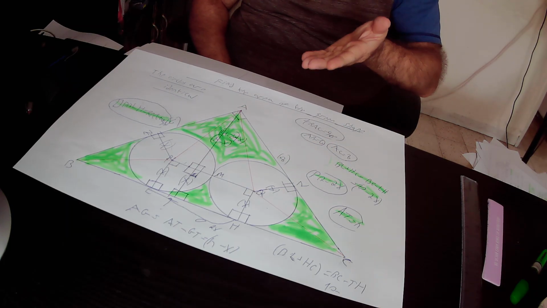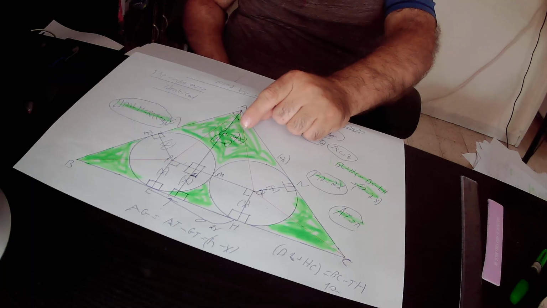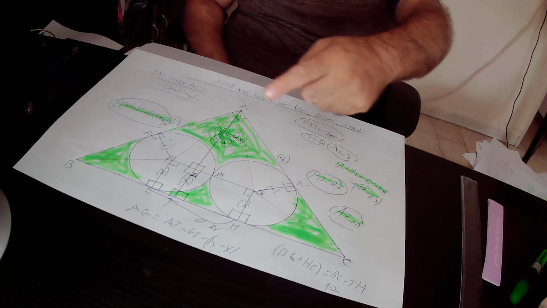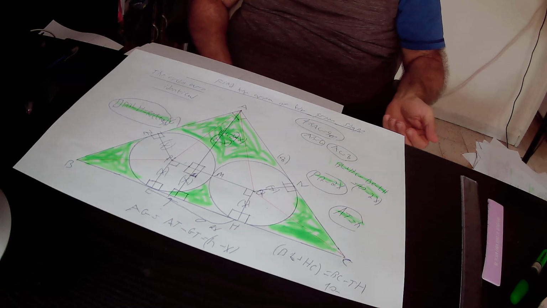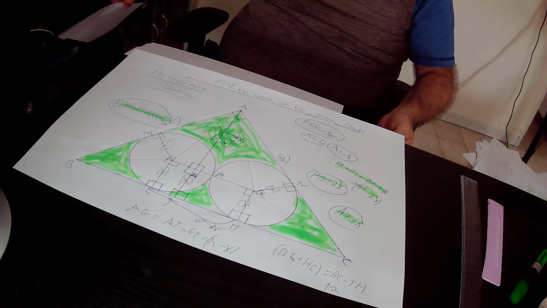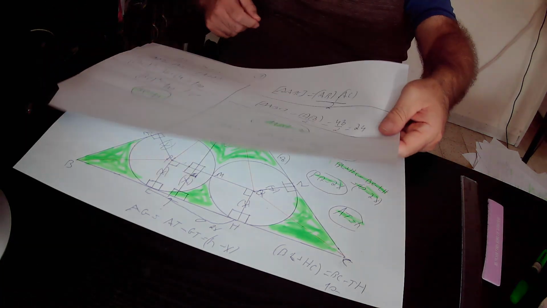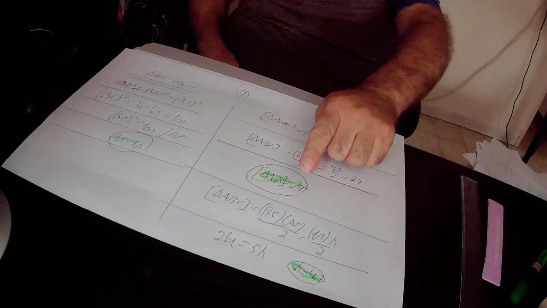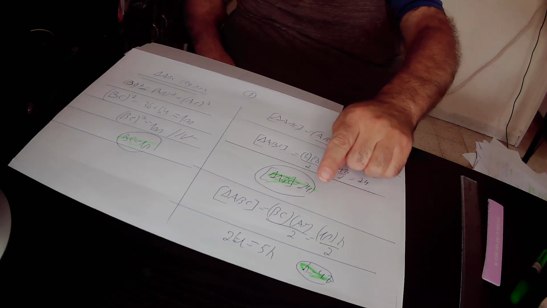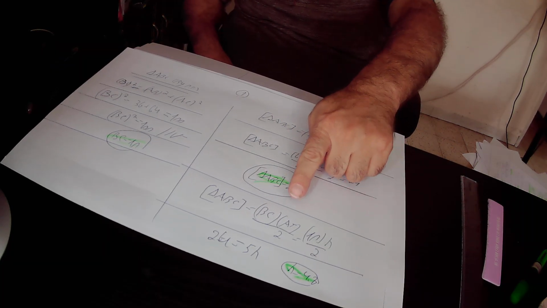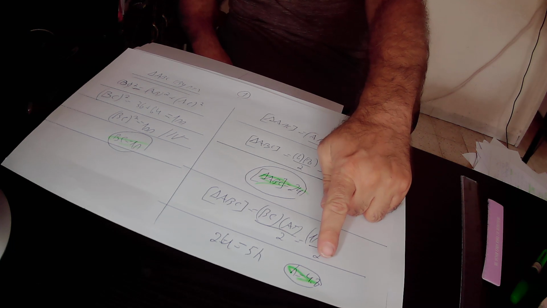But we already found out that the height H to the base BC of triangle ABC equals 4.8 units in its length.